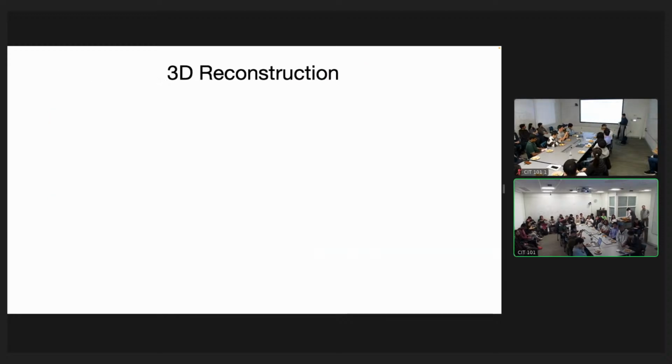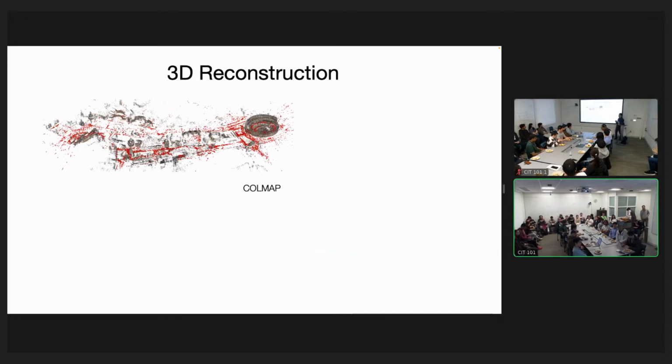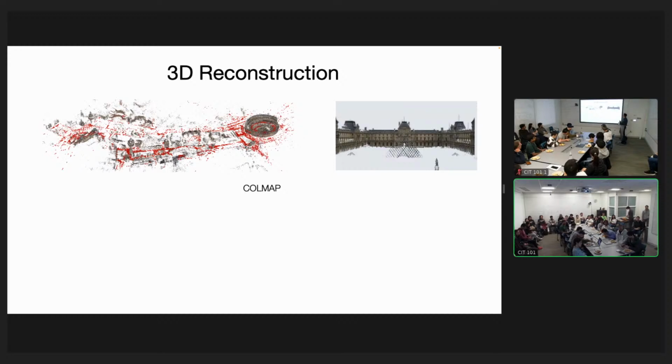And if we look back, there are some interesting paradigm shifts, right? Before, people used classical geometry principles, which are still useful nowadays, right? For example, this famous system called COLMAP, right?